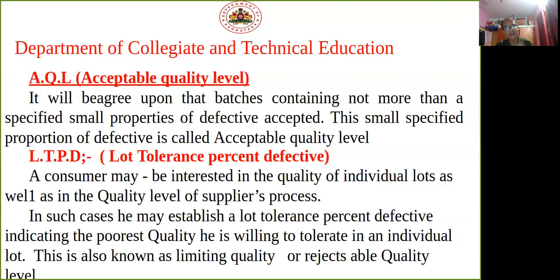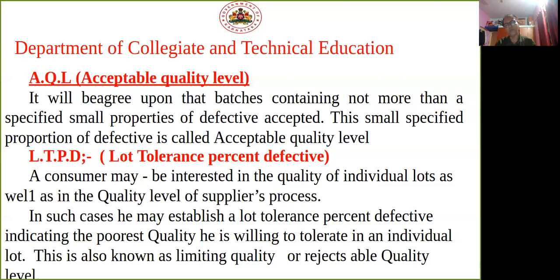By considering both, he will establish a limit for himself. That limit is called the lot tolerance percentage defective. It gives the consumer an idea of the poorest quality that he is going to accept.